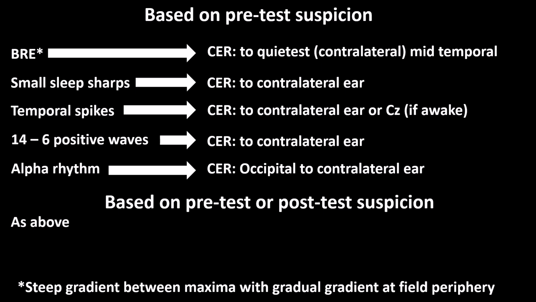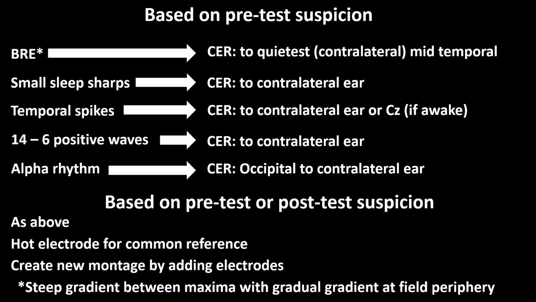If, on the other hand, you have no clue after reviewing the record, then you should choose the reference based on the hot electrode method to further define the localization of the potential, or you may need to add electrodes and create a new montage.